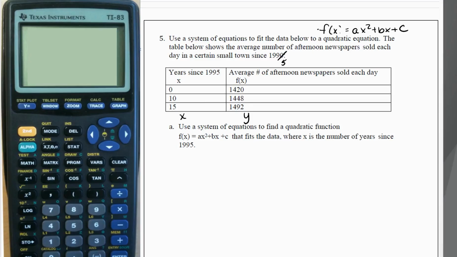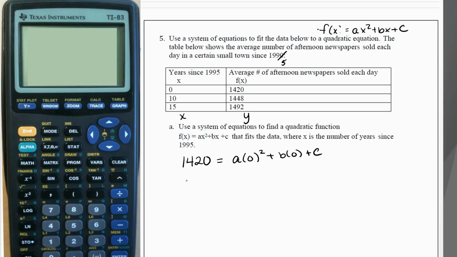For our first equation, for f of x we're going to plug in 1420, and then for x, we'll plug in 0. So we'll have a times 0 squared plus b times 0 plus c.